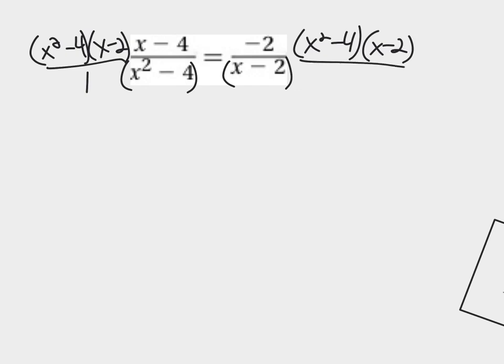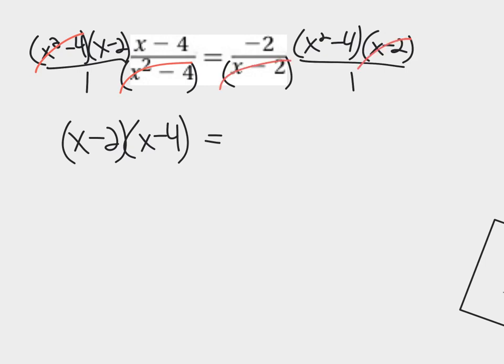Okay, so this will work. It's just that this is what we're going to end up getting an extraneous solution. So on the left side, x squared minus 4's cancel. On the right side, x minus 2's cancel.